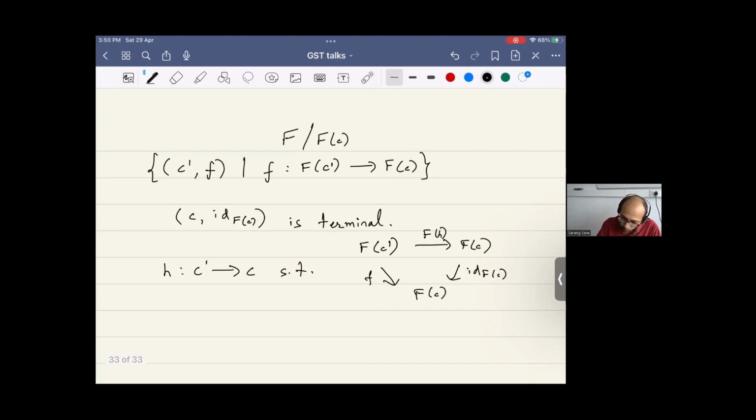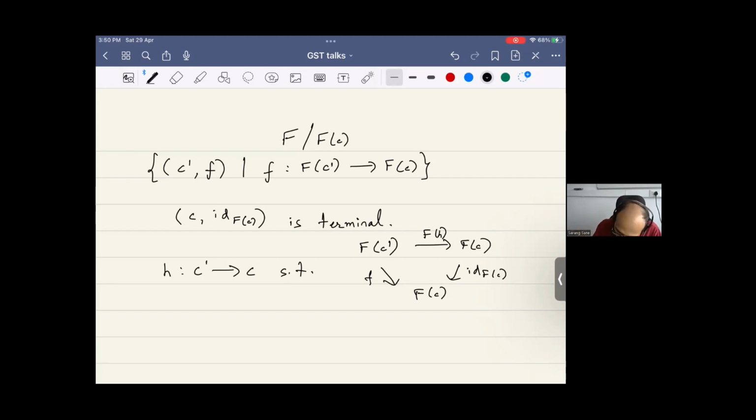Now, how do I know such a little h exists? That's why we have assumed that it's fully faithful. If I know it's fully faithful, then I know such a little h exists. So if it's full, it exists. And if it's faithful, we know it is unique.